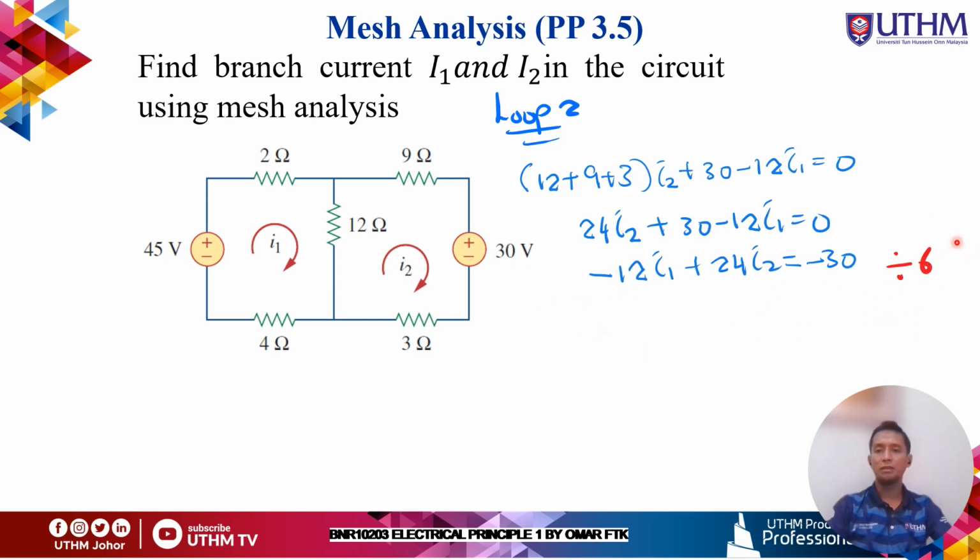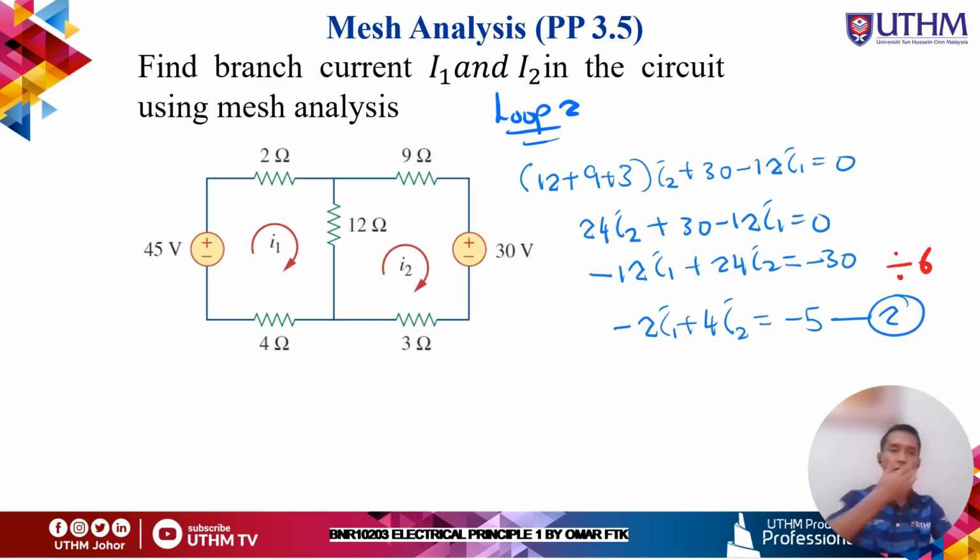If we divide by 6, we will have minus 2 I1 plus 4 I2 equals negative 5. This will be the second equation. So from these two equations, you can use simultaneous equations to get I1 and I2.